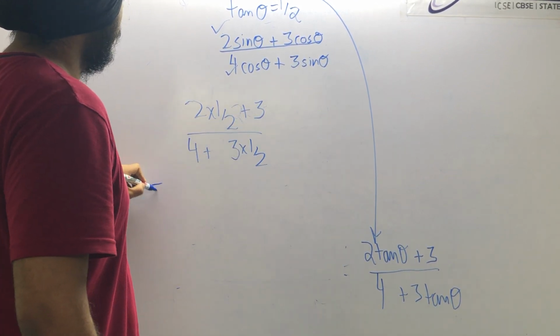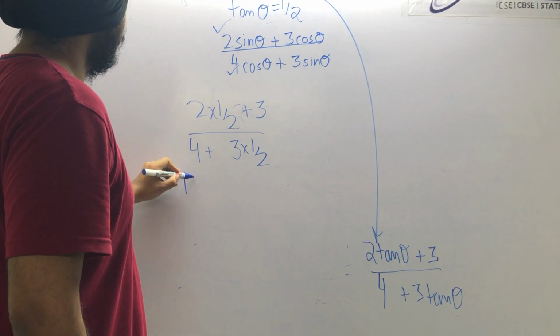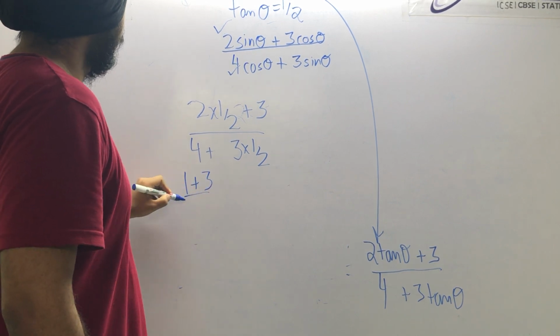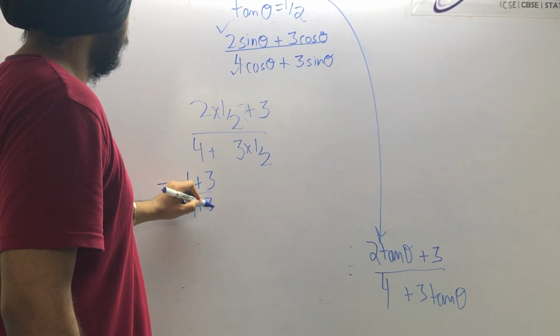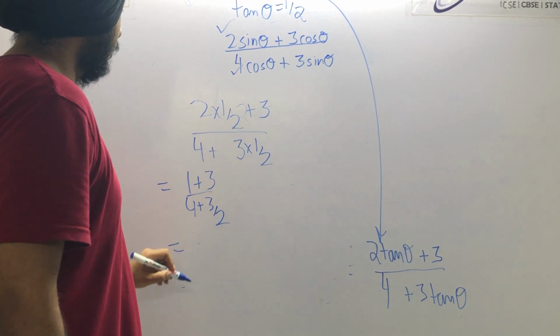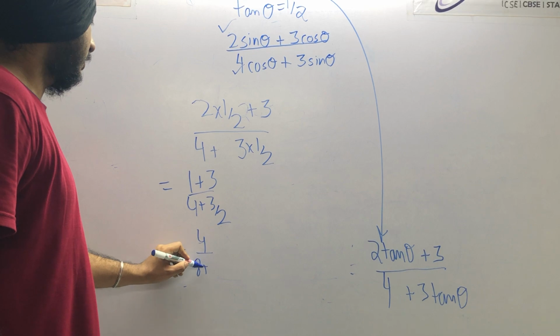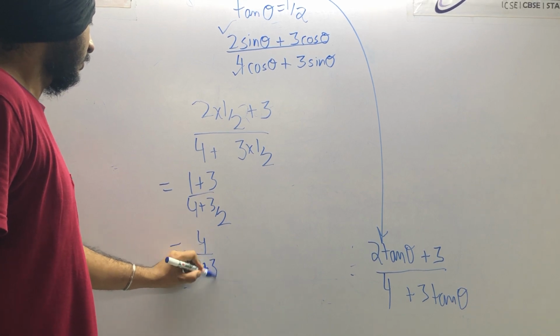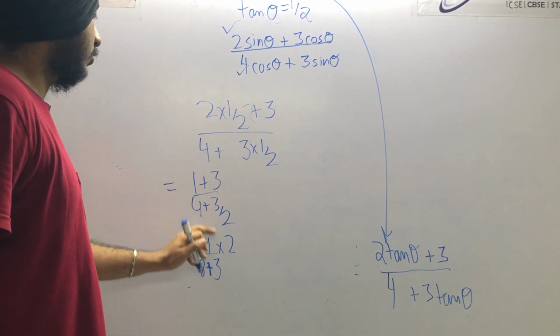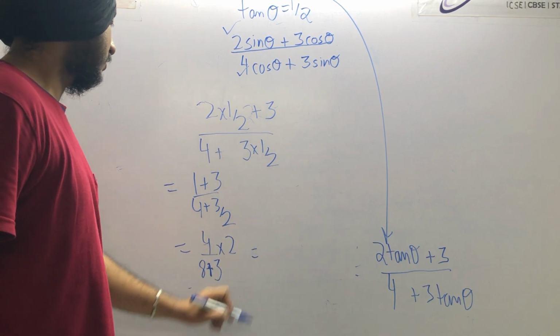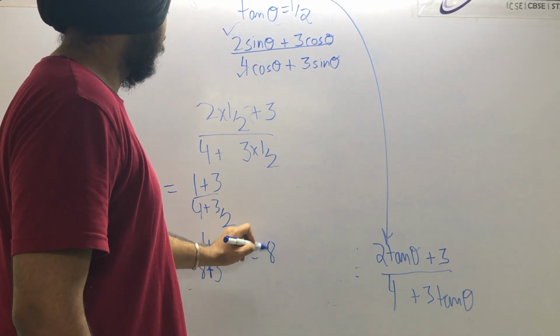Now just do the multiplication. 2 into 1 by 2 is 1, plus 3. 4 plus 3 by 2. Okay, so 4 upon 8 plus 3 into 2, 2 will come here. So this comes out to be 8 upon 11.